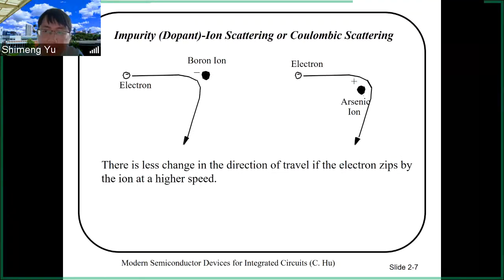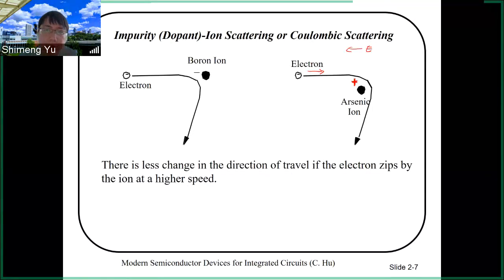So here this arsenic ion will have the positive charge. Then when the electron moves under the electric field, the electron will be scattered by the dopant because of the Coulomb force here. And the electron will change its direction. So this is like the slowing down of the electron, and this is the cause of the degradation of the mobility.